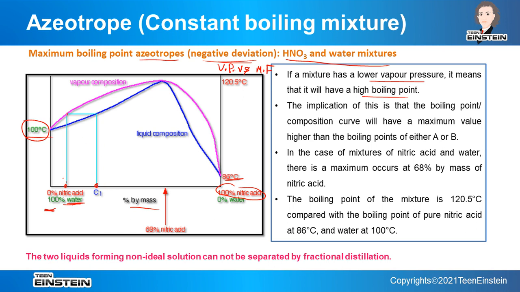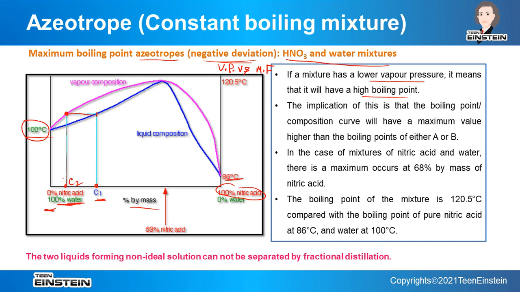So when we are starting from C1, we are reaching at this point, and then at the same temperature, if you move towards the left hand side, you will reach the vapor composition. Now if this vapor is condensed, then what are we getting? Now we are reaching this mole fraction. So compared to the point C1, suppose this is C2. Obviously in C2 there is more of water and less of nitric acid.